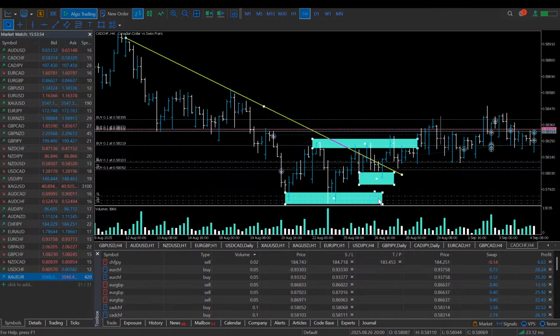It ranged, made two lows, two highs, and after that it started to create that move. But in the meantime, it was already creating higher lows. Until it finally breaks out, and when it breaks out, that is when the trade starts.